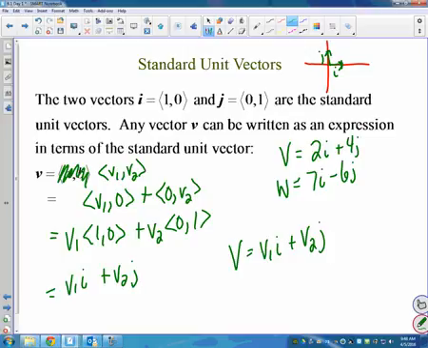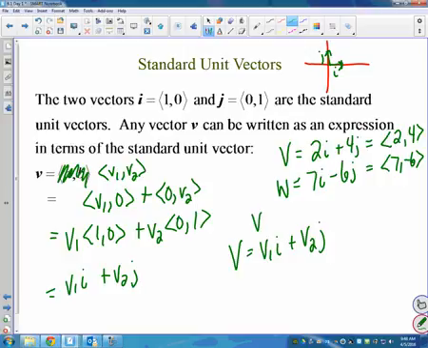And then they might ask you to add those. If you wanted to change it to component form, v would just be the components 2, 4, and w would just be the components 7, negative 6.